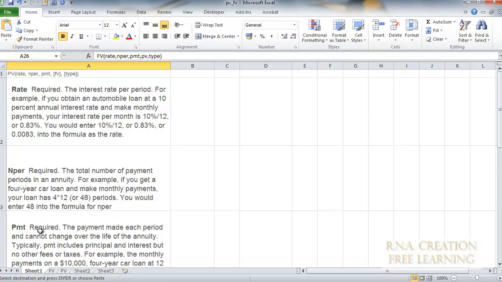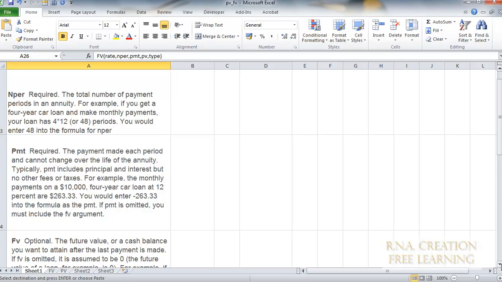PMT: the payment made each period cannot change over the life of the annuity. This is something you may leave out or keep, depending upon how you are going to use the formula.